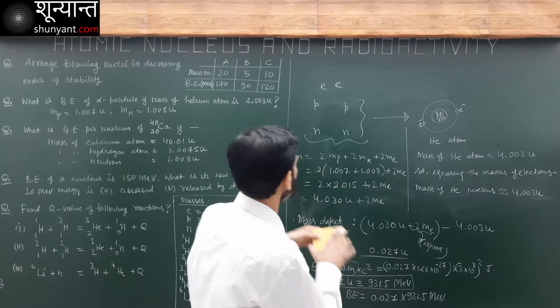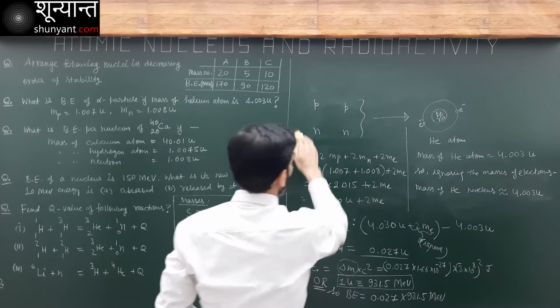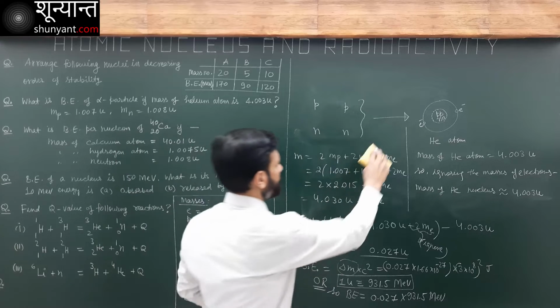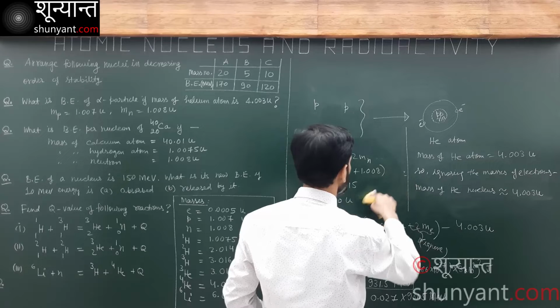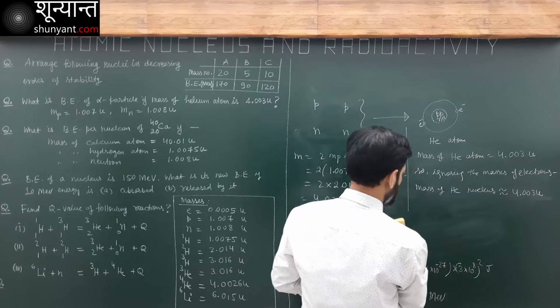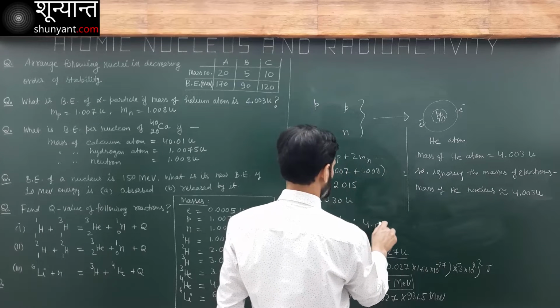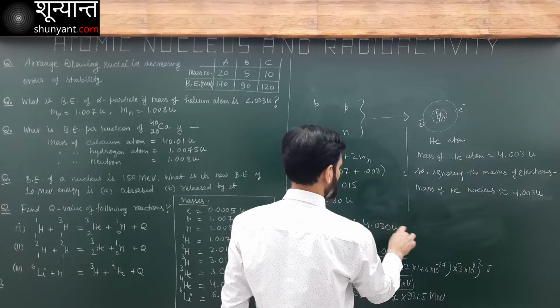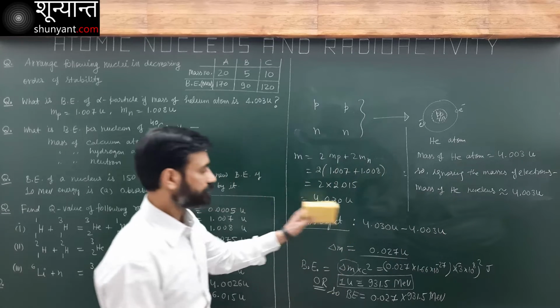In that case I will not consider electrons here. There is no need of considering electrons. Do you understand this? So it is like 4.030 U minus 4.003 U. That's it.